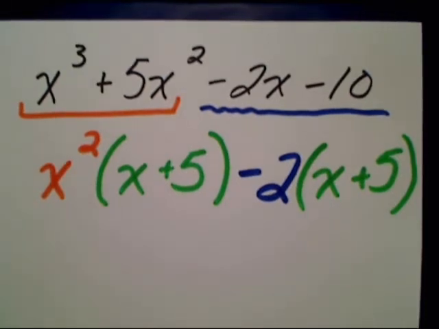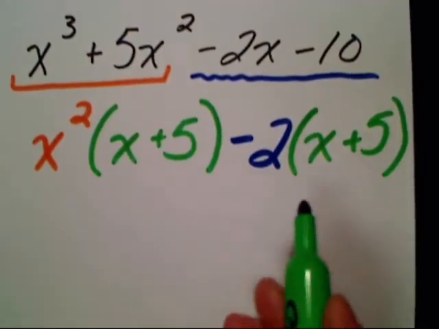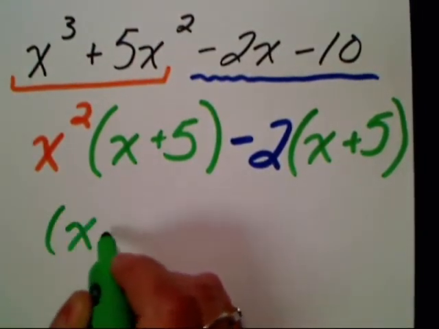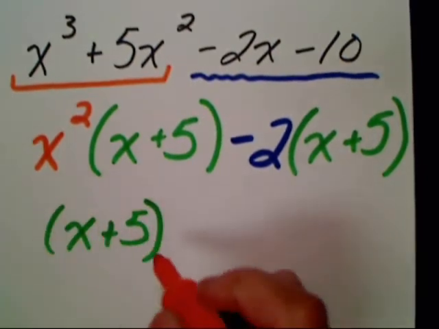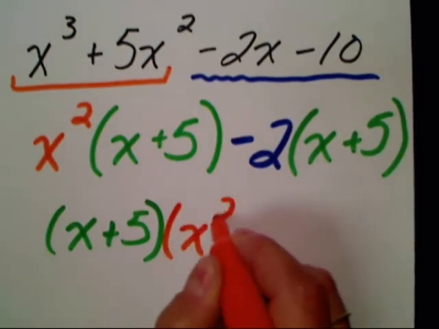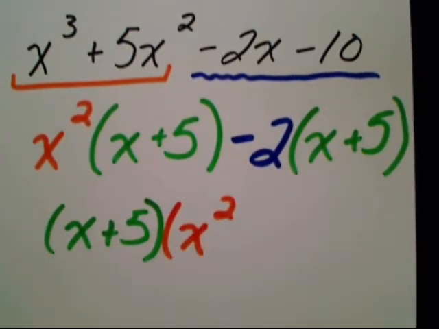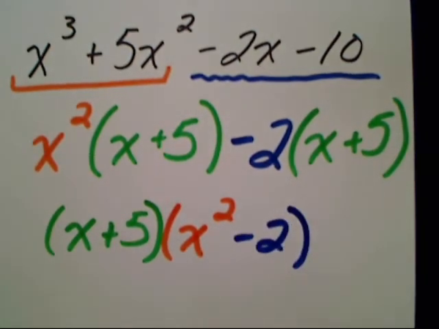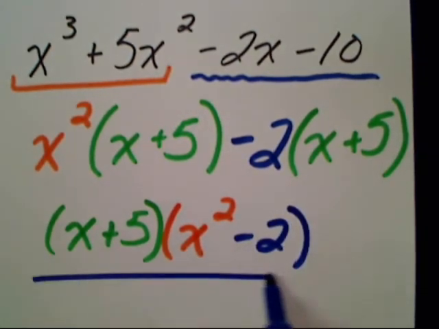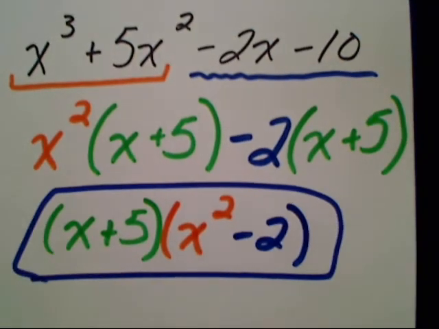Okay, so now we can take it that next step and say, what's common now? Keep going with your factoring and say, x plus 5 is what's common in both. So I'm going to pull that out and see what I'm left with. The first term I'm left with x squared. The second term I'm left with is -2. Can't go any further on that one, so we're all done.